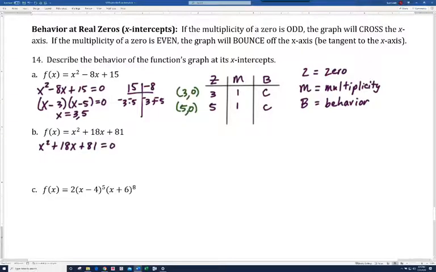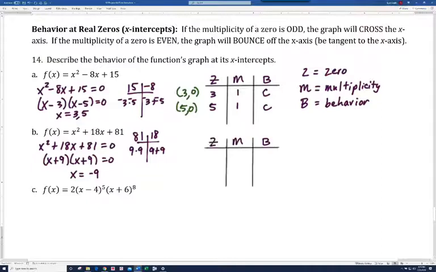All right, so here when we set this function equal to 0, you end up getting 9 and 9 that work, and so we have (x + 9)(x + 9) = 0, which means our zero is x = -9. There's only one.